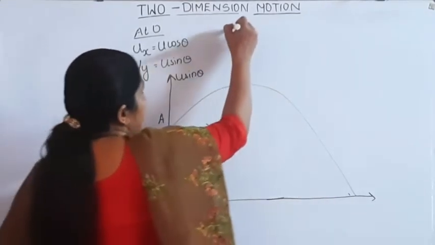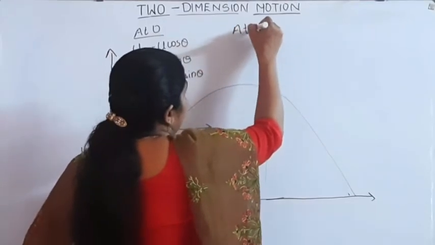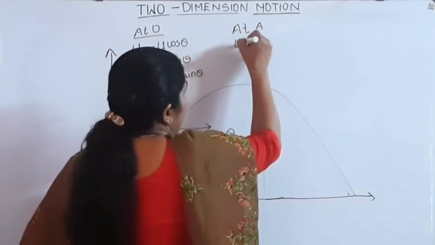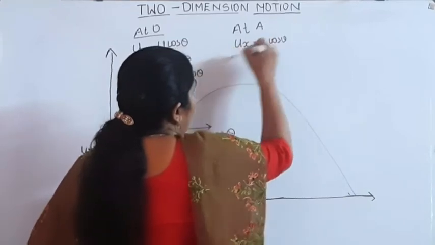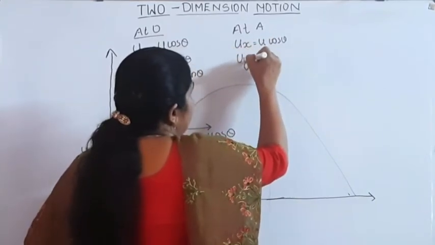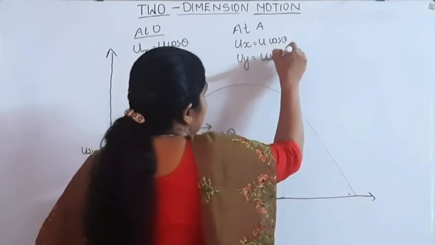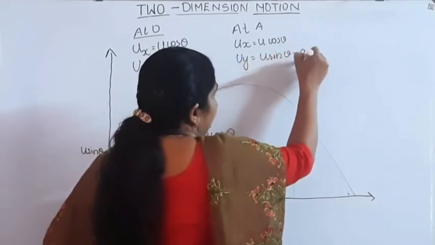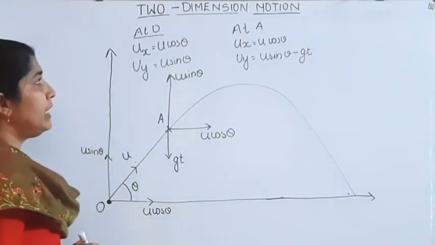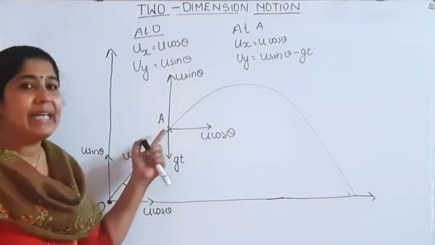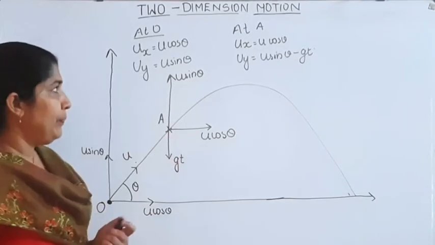Therefore, at A, ux is equal to u cos theta and uy is equal to u sin theta minus gt. This is the horizontal and vertical velocity when the projectile is at the point A.